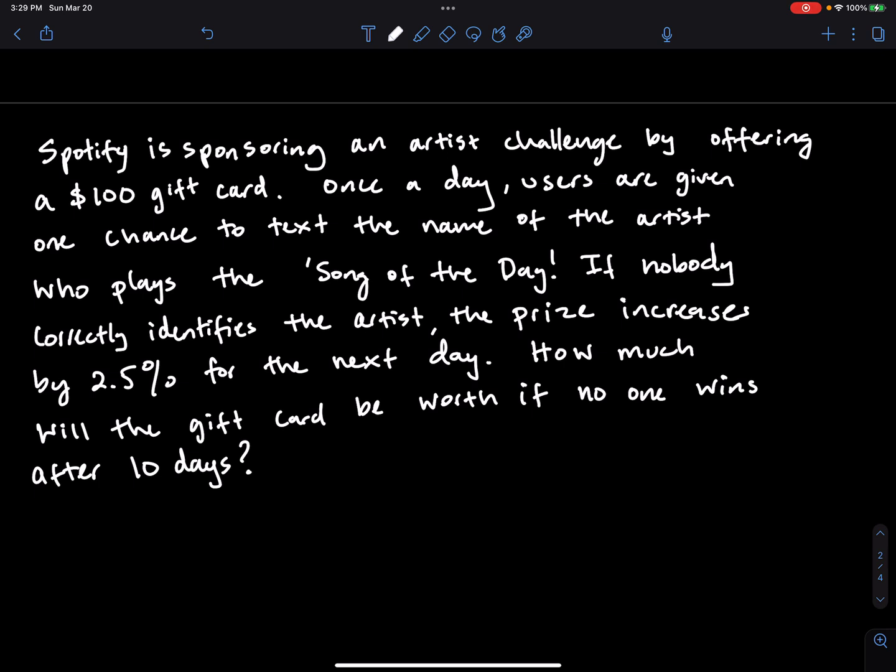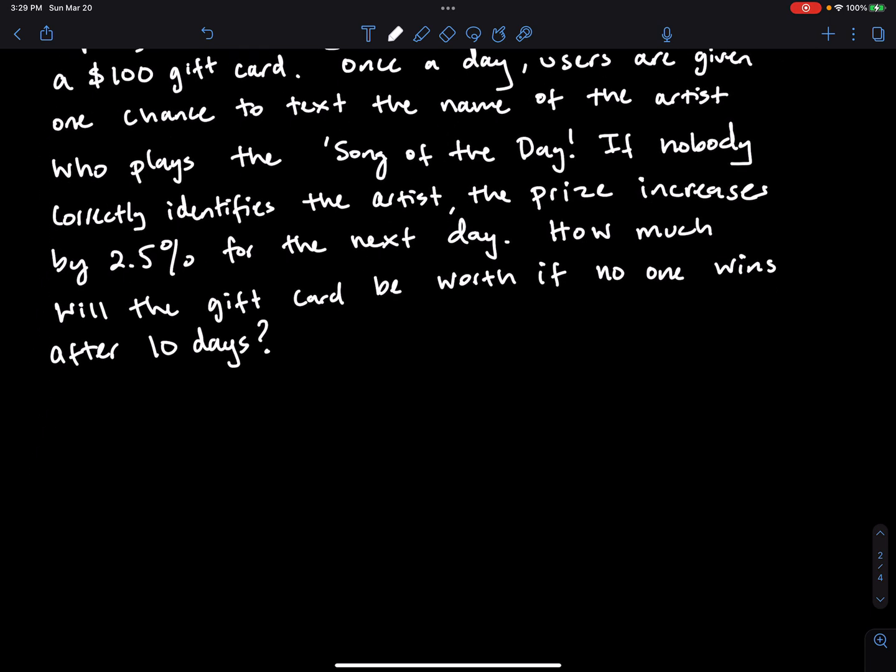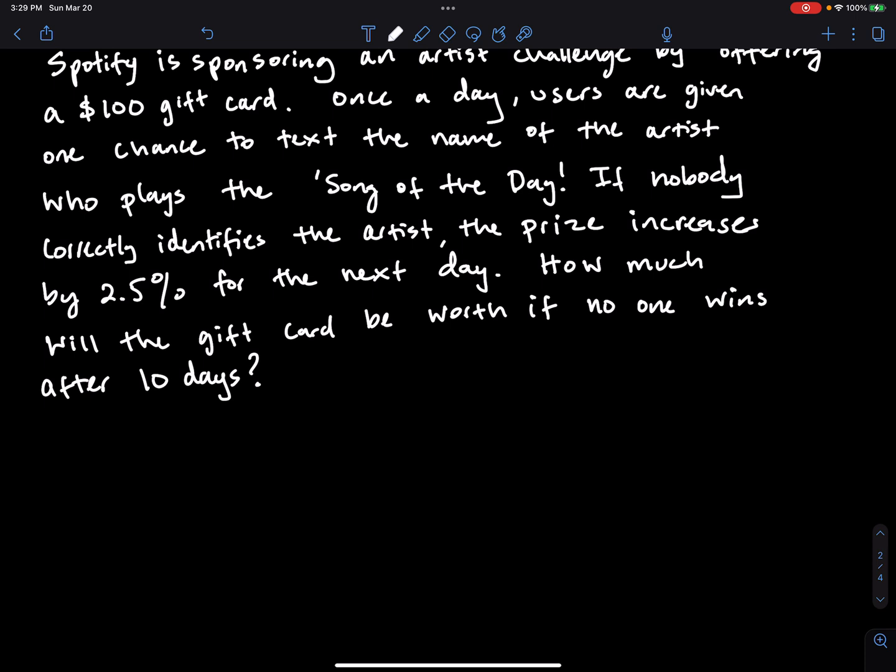What I want to do here is figure out if this is an exponential growth or an exponential decay. So I'm looking for a key word here, and I see the word increase. Exponential growth means increase, go up, or other synonyms that relate to the word growth.